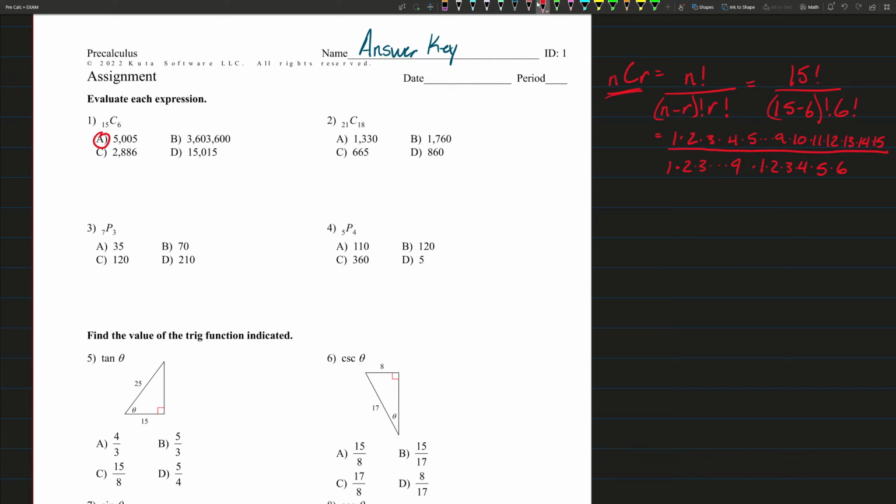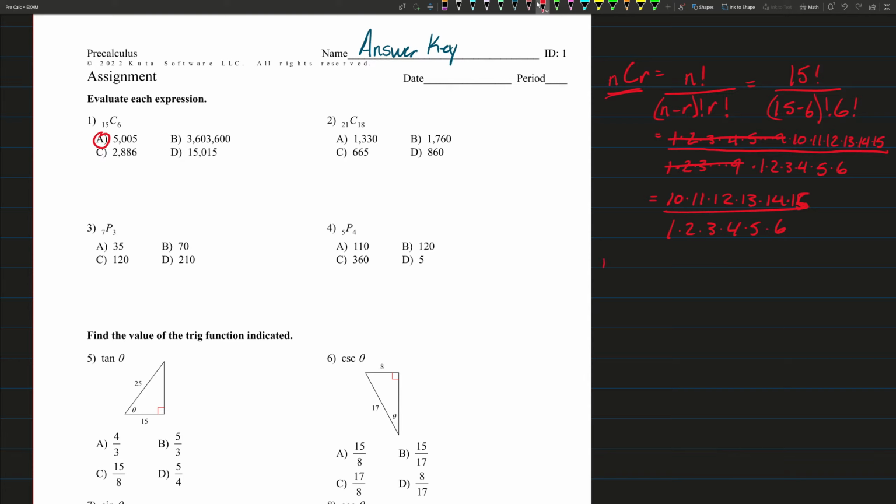Our job is to do all of this, right? We have a bunch of products up top and a bunch of products down bottom. If you look closely, 1 all the way up to 9 cancels 1 all the way up to 9 down bottom. Then we have 10 times 11 all the way up to 15, all over 1 times 2 times 3 times 4 times 5 times 6. If you multiply all those out and divide it, you're going to get 5,005.